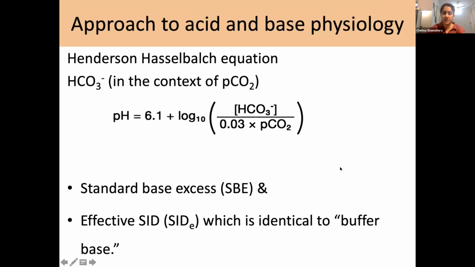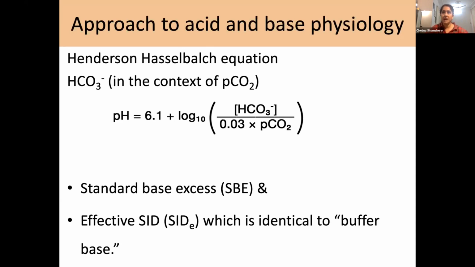How to approach the ABG? Why do we usually get this ABG done? It is to know the balance between acid and base of the body. What are the different ways in which you can approach the acid and base? Basically, acid is the H ions, and the bases are usually the negative ions.